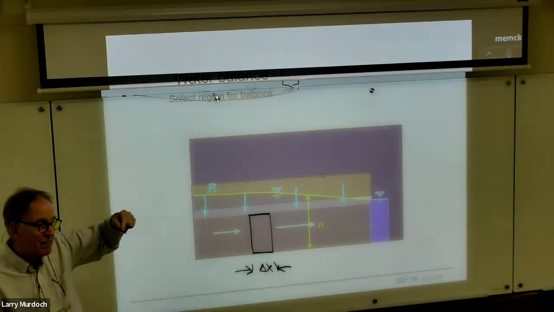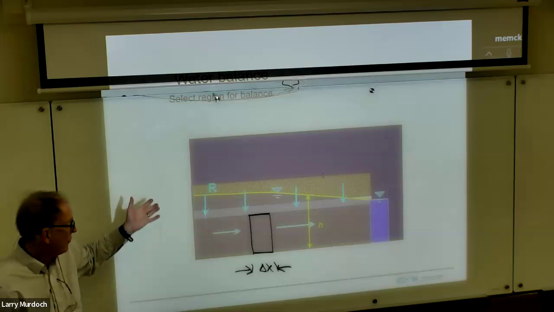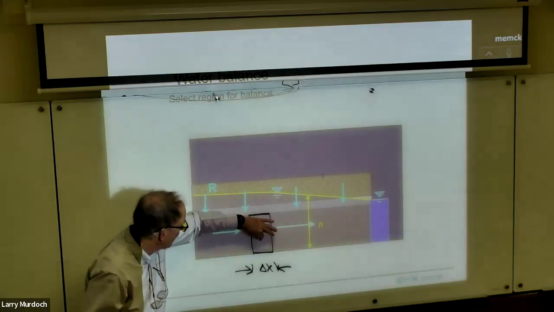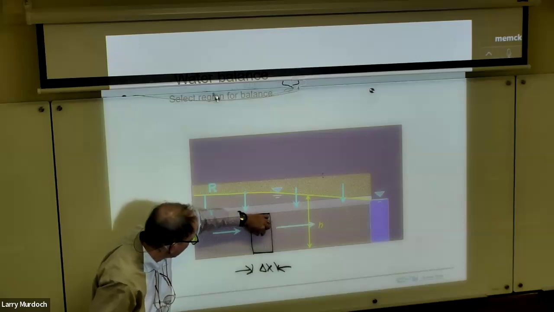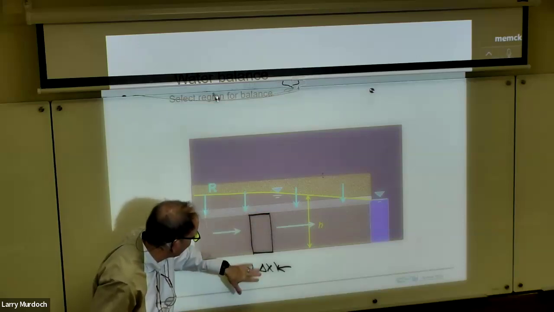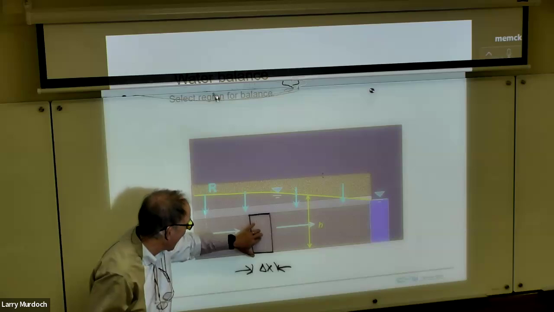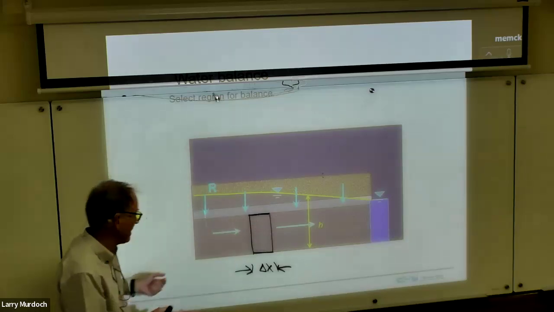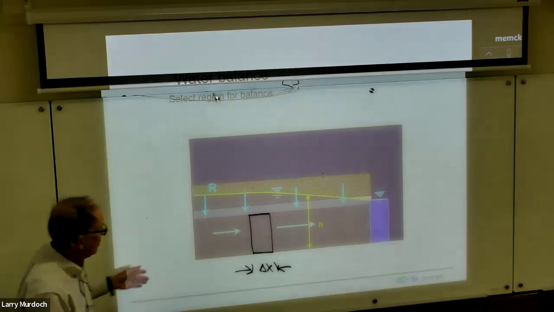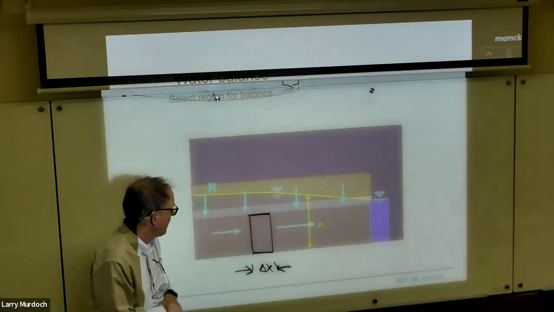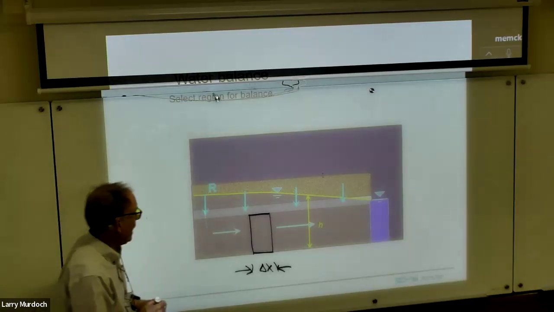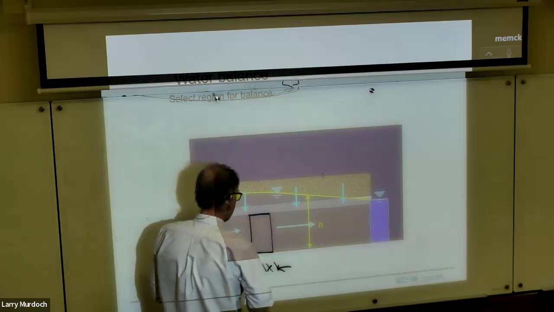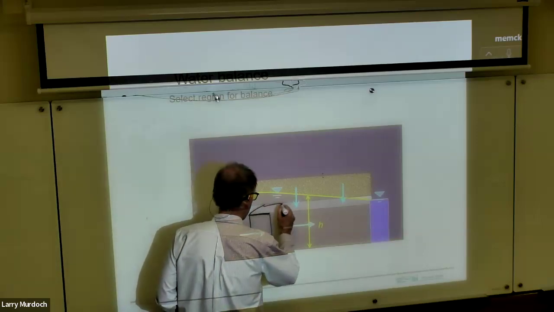We can make it infinitesimally small, so it becomes just a small little increment in length, and we don't have to worry about averaging within it because it's so small. So we'll have this as our control volume, and we can then do a balance on this region.